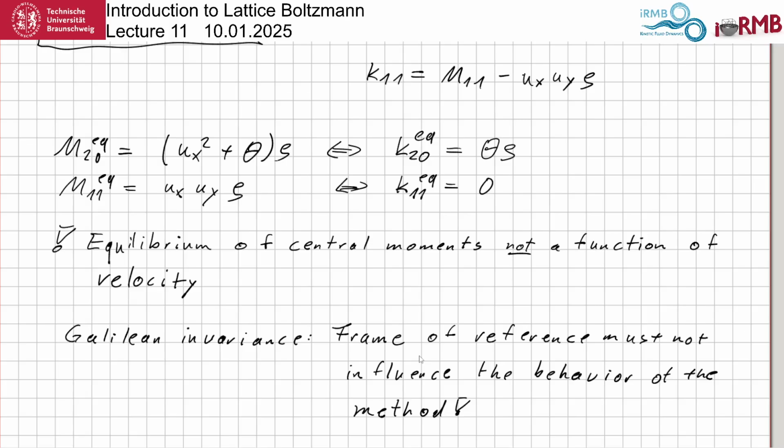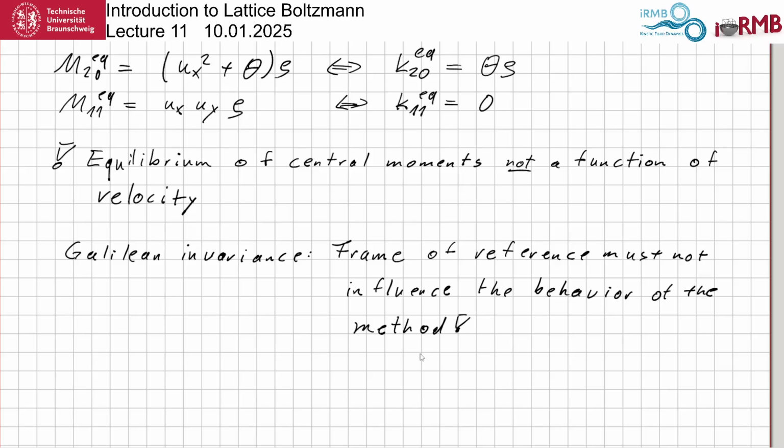So you will have discretization errors because you discretize the velocity space. Now the question is how to make these discretization errors as small as possible. You will always have them, but you want them as small as possible.